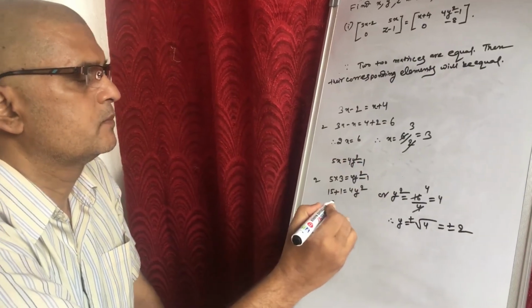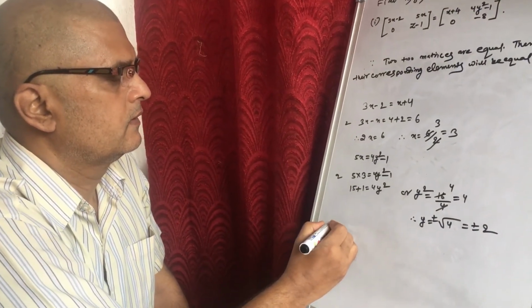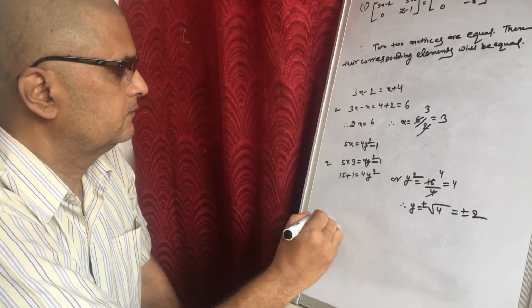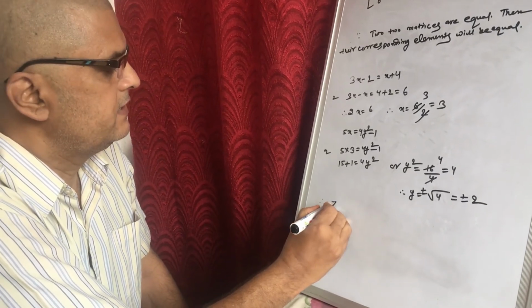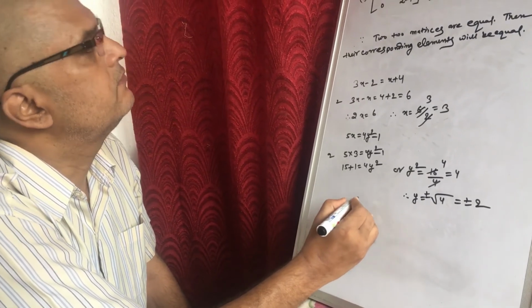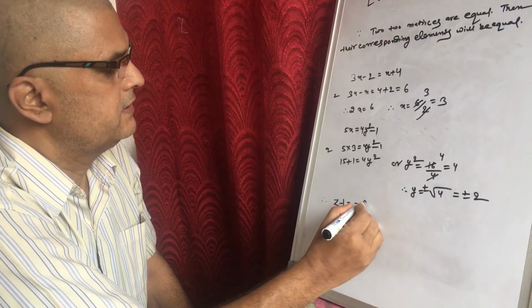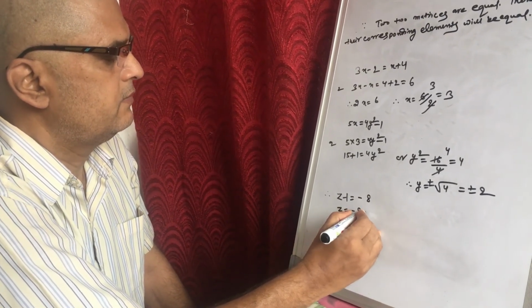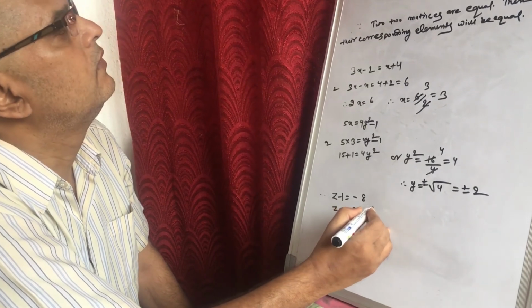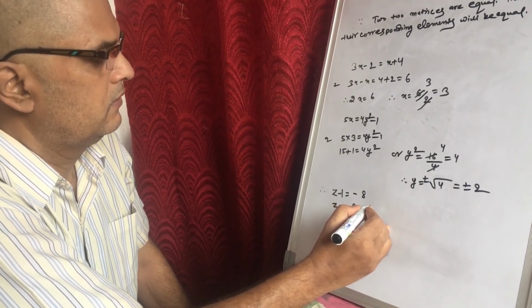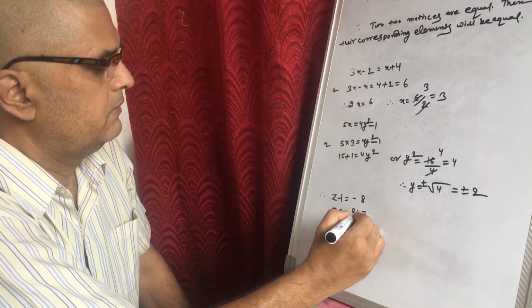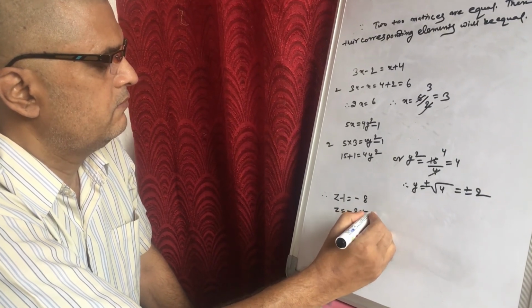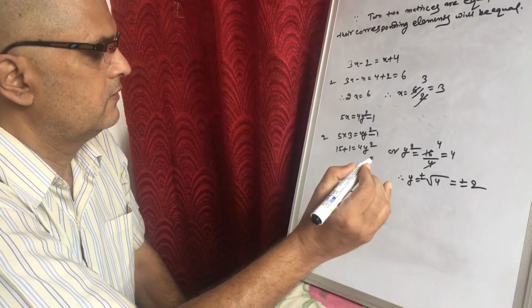Now z minus 1 is equal to minus 8. So z is equal to minus 8 plus 1, which is minus 7.